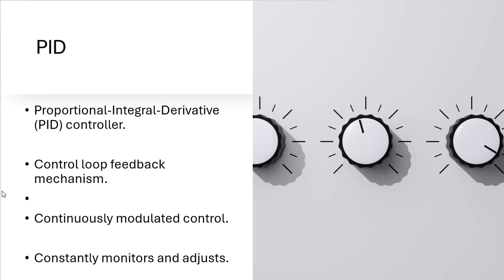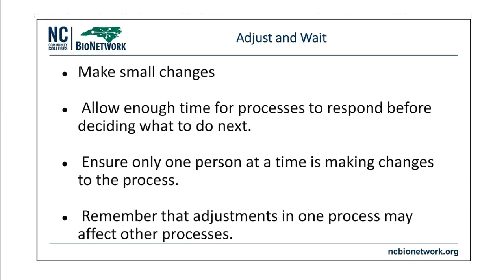So the PIDs are constantly monitoring and constantly adjusting these types of things. That is kind of the formal way that we term them, the way that we talk about them, and that's what that abbreviation stands for. I think another thing that people tend to forget about here is that very often we need to make small changes, not big ones.